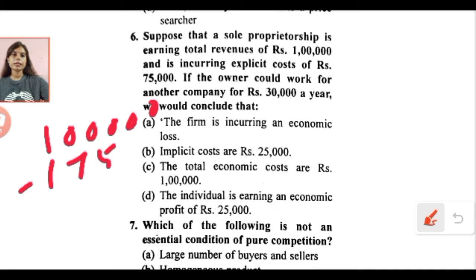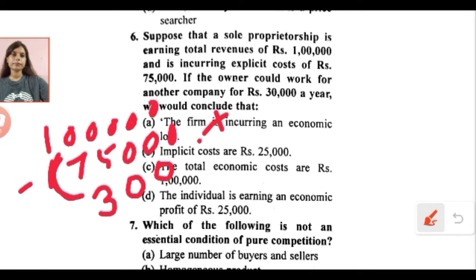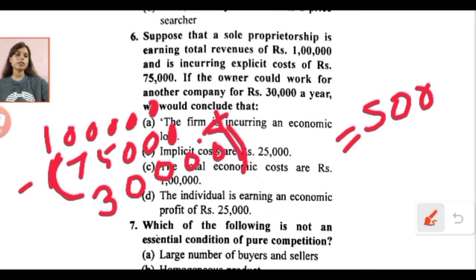That is TR, minus 75,000 plus 30,000. That is the TC. So now if we calculate this, it's coming to minus 5,000.